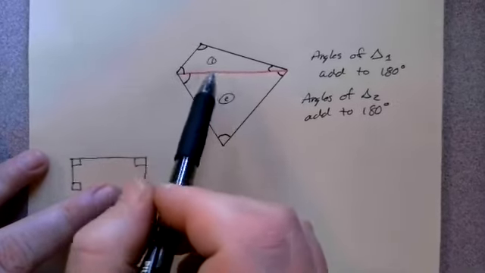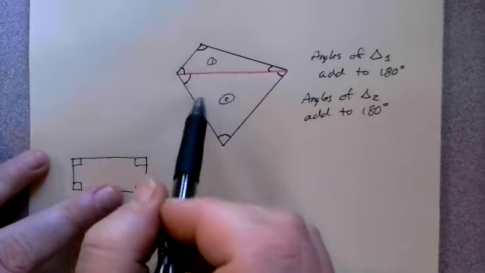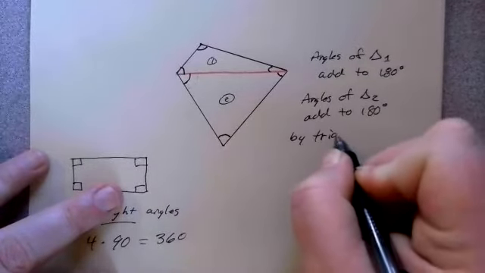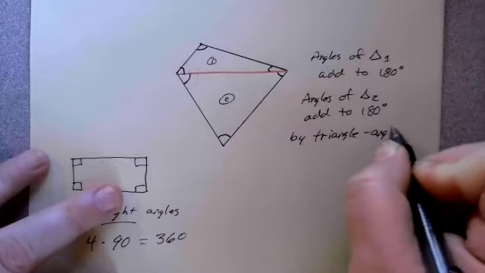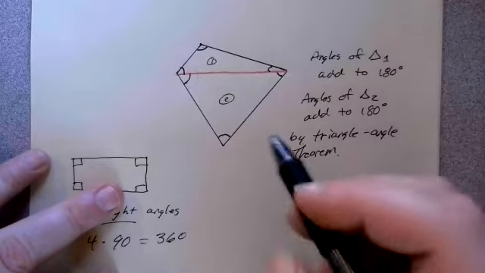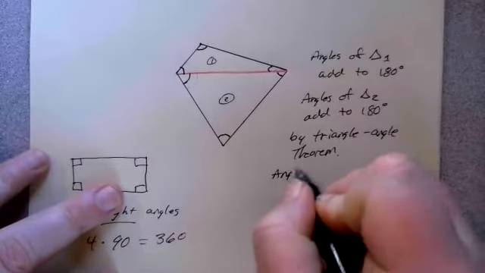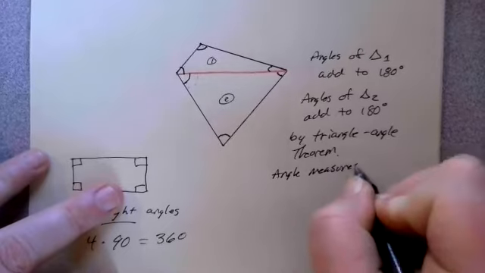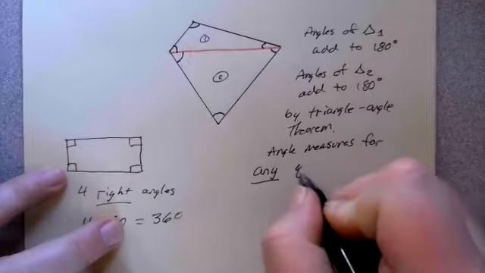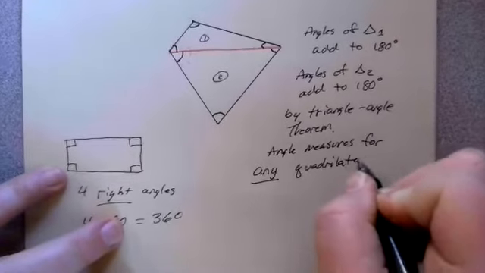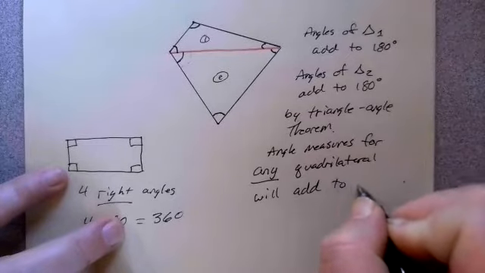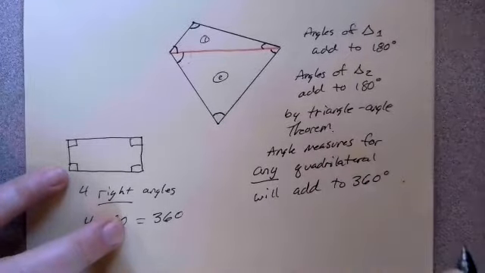So now what we could say is the angles for triangle 1 is 180 degrees. The angles for triangle 2 is 180 degrees by the triangle angle theorem. So now we could say that the angle measures for any quadrilateral will add to 360 degrees.